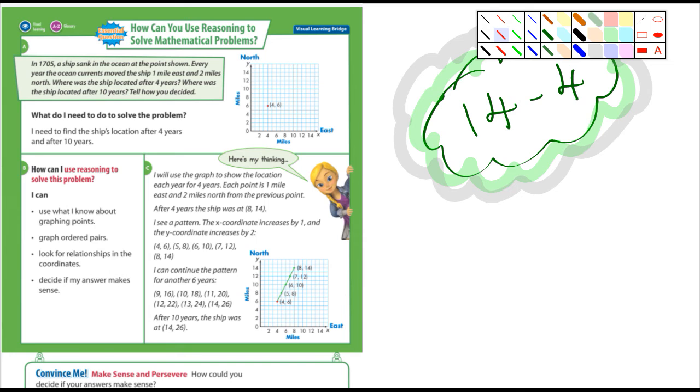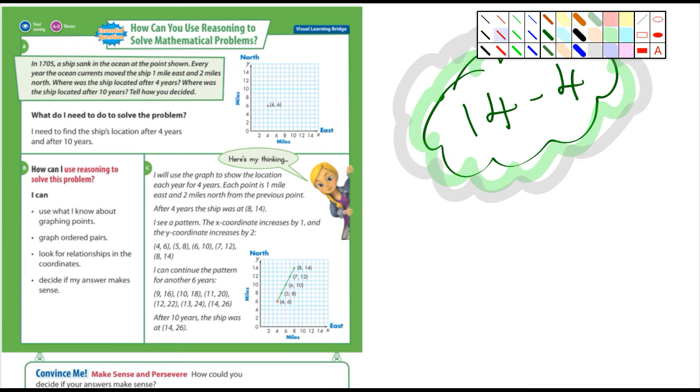So it looks like east, and you can see that here, is the x-axis, and the y-axis would be north. So right away, I'm just projecting ahead to myself. It's 2 miles along the y-axis and 1 mile along the east axis every time I graph this.